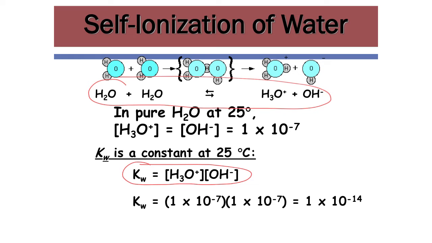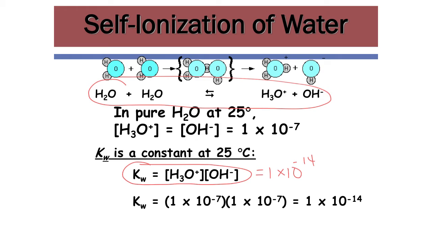That K we call Kw, for ionization constant of water, and it has a value of 1 times 10 to the negative 14th. So this is why the pH scale is based upon 14, because of this value here.